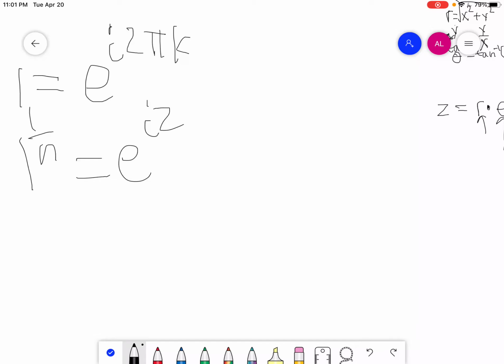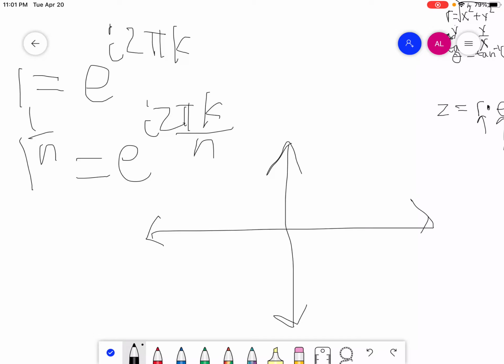And if we rewrite this on a complex number plane with a circle of radius 1, since this is a complex number, its magnitude will be 1. This will actually divide the circle into n sections, like this.